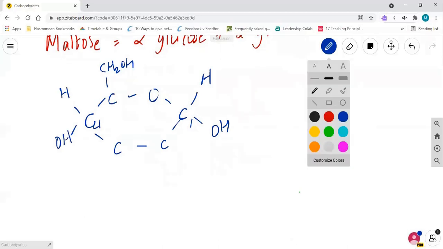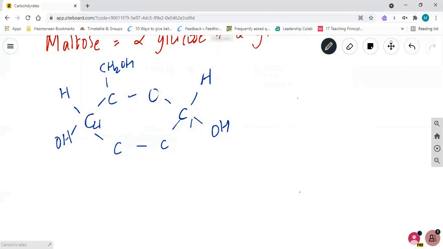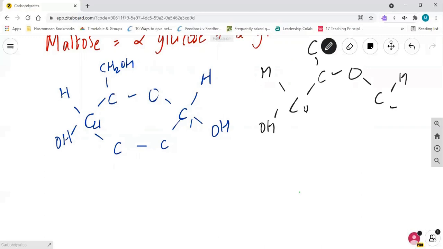I'll draw a second alpha glucose next to it, in a different colour so we can easily distinguish between the two. So we've got our carbon 4 there. I know they're alpha glucoses, so I'm drawing hydrogen on the top.